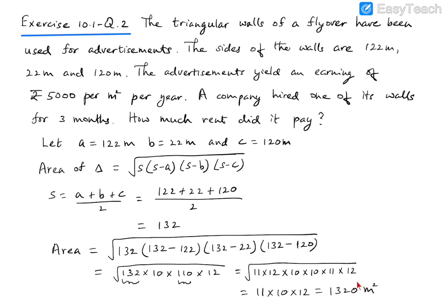So we have the area as 1320 meter square, and we are given that the cost of advertising is 5,000 per meter square. So for 1320 meter square, it will be 5,000 into 1320, and that will give us the cost of advertising per year. So let us proceed and compute that. We have calculated the area as 1320 meter square.